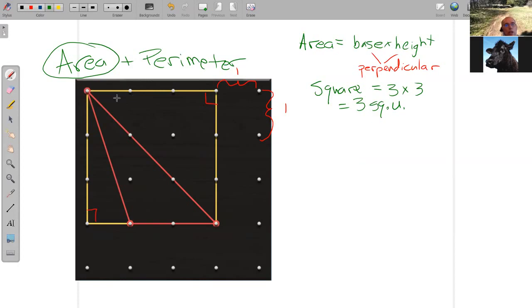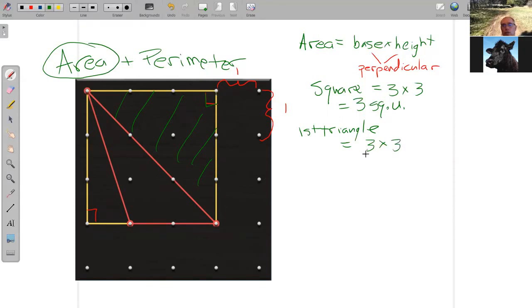So what I'd like to do next is to find the area of, say, this triangle up here. And it does have a pair of edges that are perpendicular. So one of these can be the base and the other can be the height. So for this first triangle, I could view this top part as the base. So it has a base of 3, and it has a height of 3.